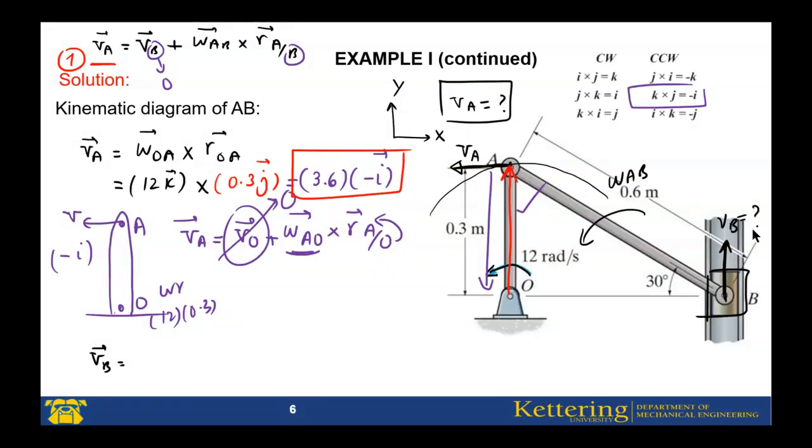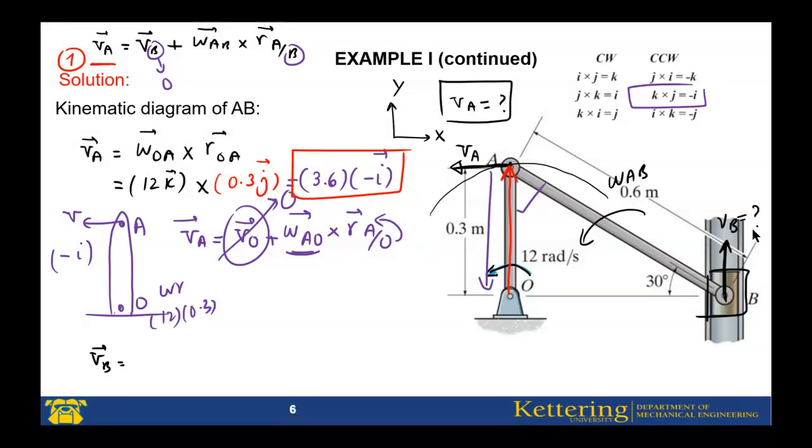What's the velocity of the B? How can I write it? How can I write this velocity? What's the magnitude of this velocity? VB is unknown. What's the direction? What's the direction of the piston? Yes.